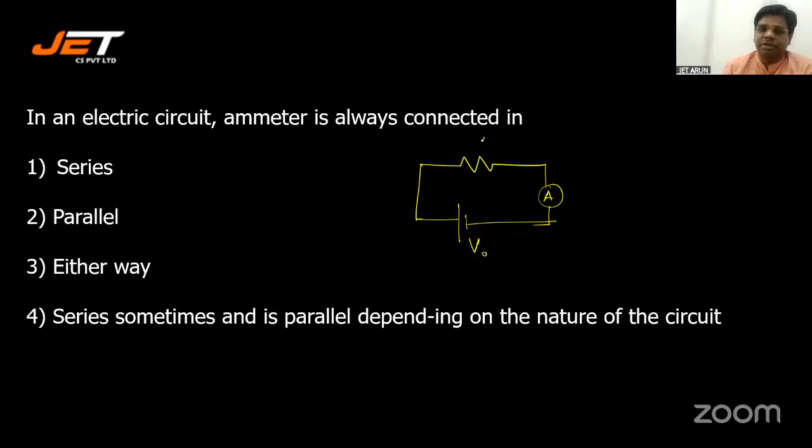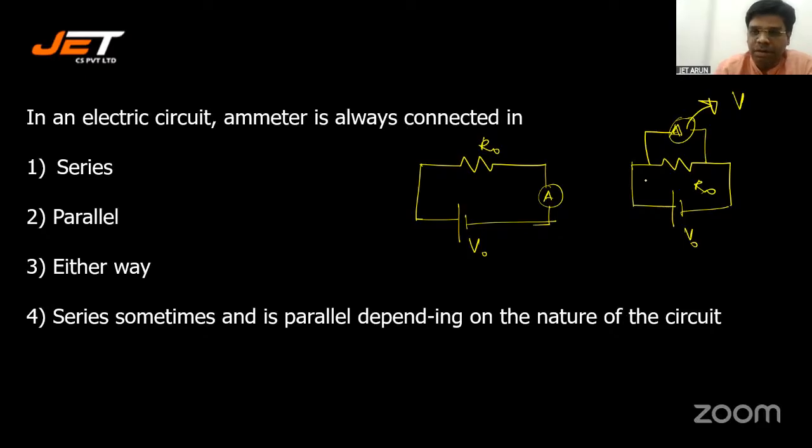This is V naught, this is R naught, this is ammeter. I will connect the ammeter like this, I won't connect it like this. I connect the voltmeter in parallel like this. All right, that question will also come.